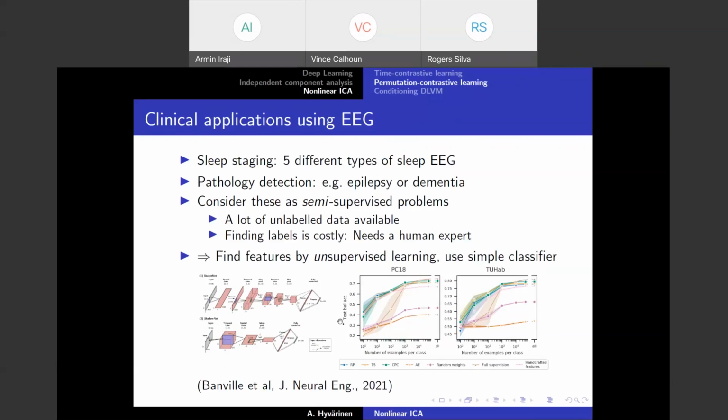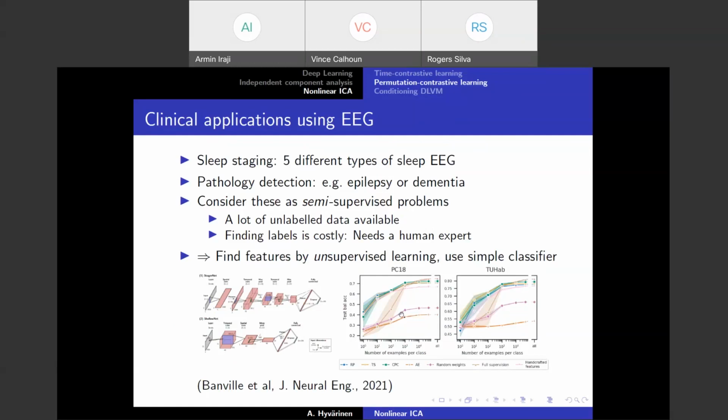But the main result, I would explain in this middle panel titled PC18. So this is sleep staging, if I'm not mistaken. The idea is that if you do ordinary deep learning in a completely supervised way, you get this curve.